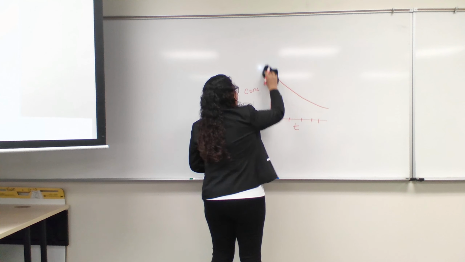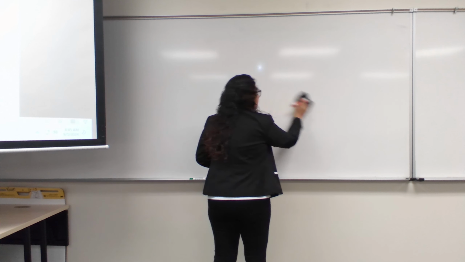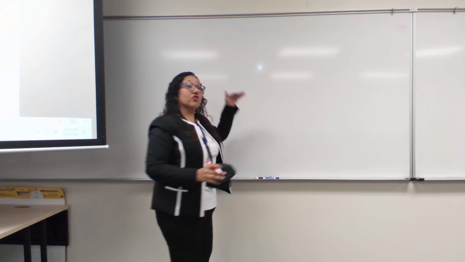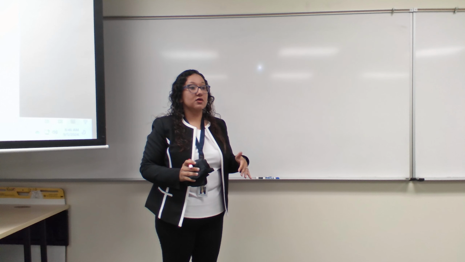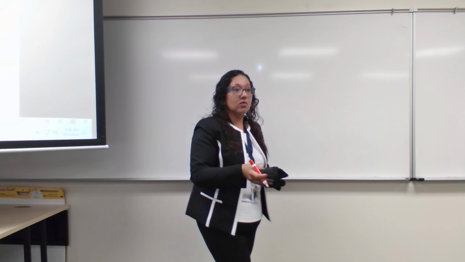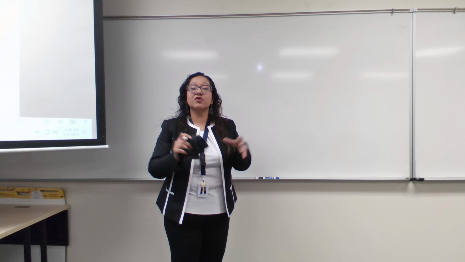So depending on the concentration or the graph, this has to be done experimentally. You will not know unless it's told to you or you see the experimental data for yourself what type of reaction you have. So today we're going to talk about 3 types of reactions.